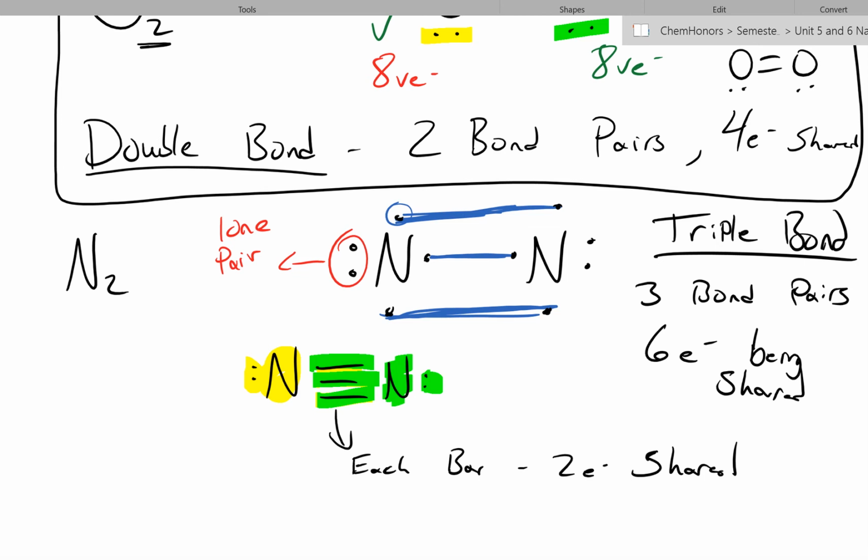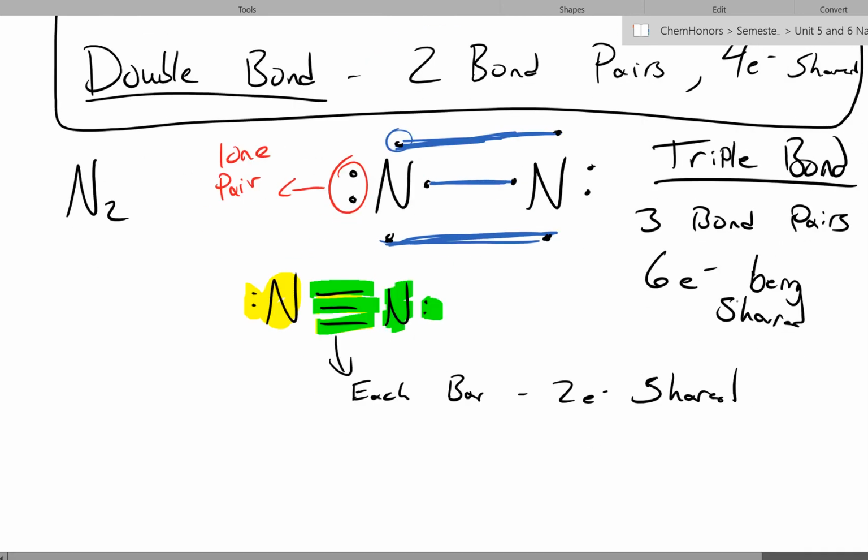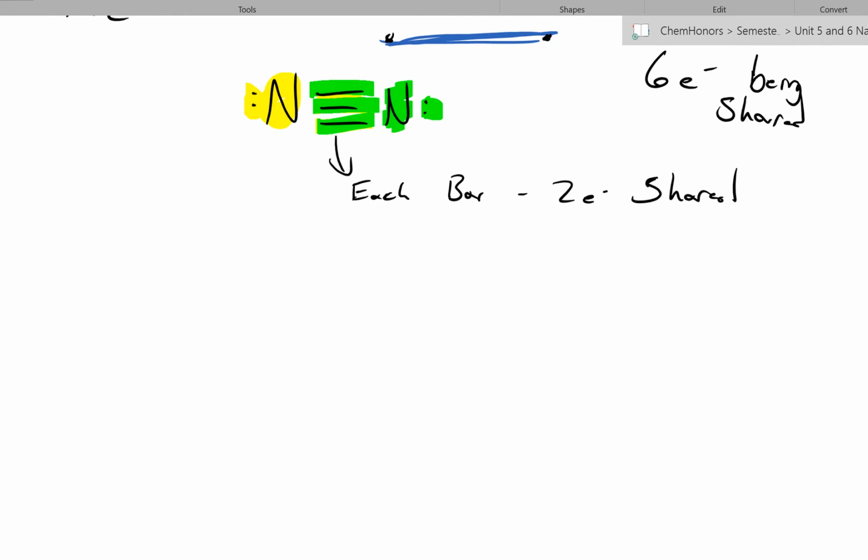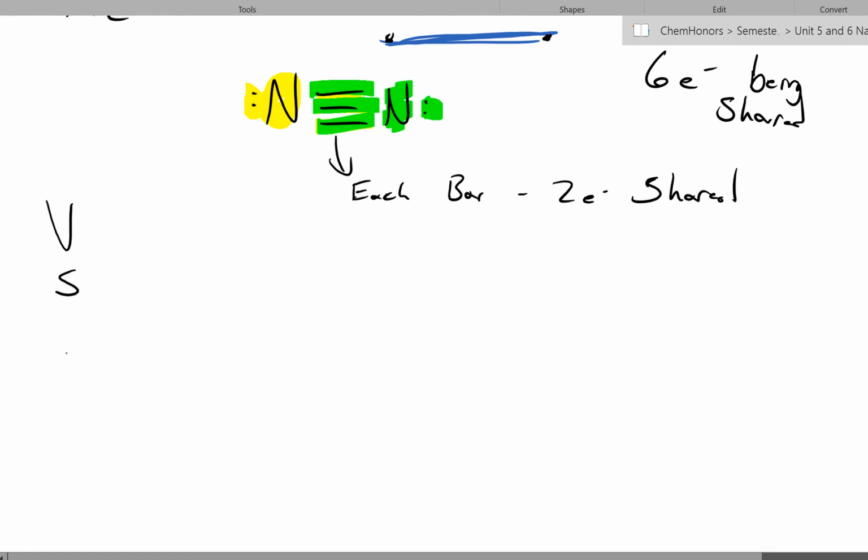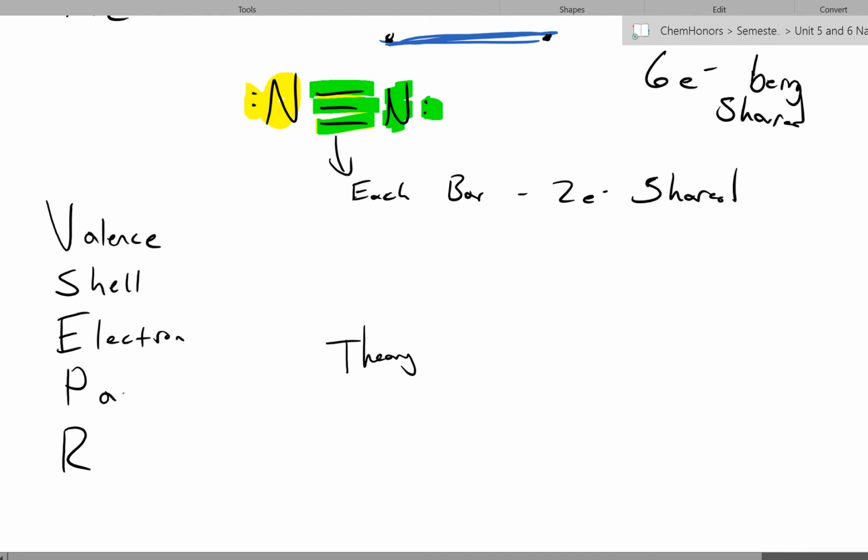All right. The last thing we're going to talk about real quick before we do some practice problems on our own is VSEPR theory. V-S, brain fart, E-P-R. And it is a theory. What this stands for is valence shell electron pair repulsion theory.